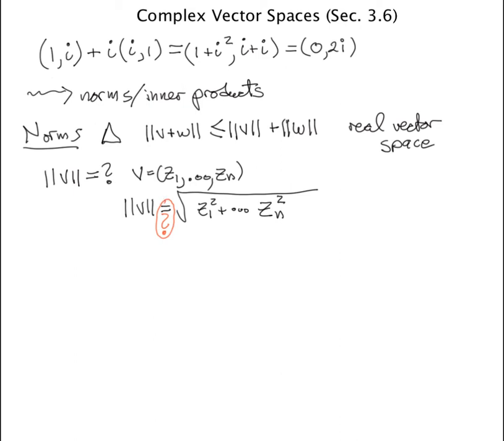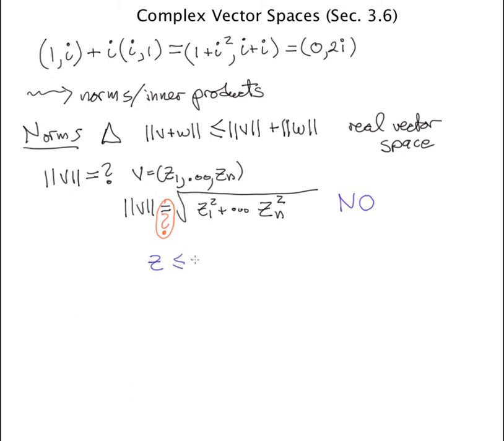And I know you're all clamoring and saying, no, that's ridiculous, because there is no decent notion of square root of a complex number. And even if there was, if this was a complex number, there's no way the triangle inequality could hold, because it would be some relation involving complex numbers.